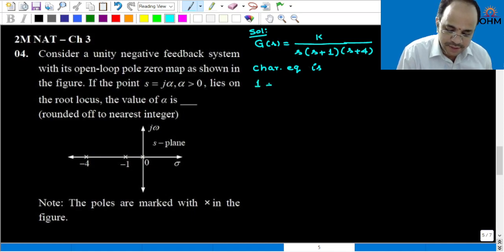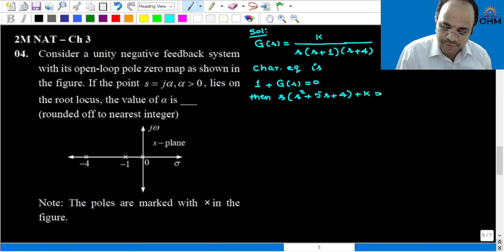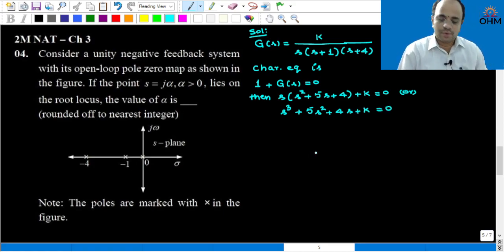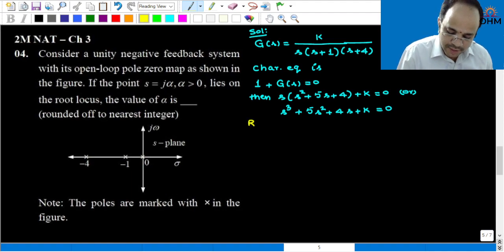Characteristic equation is 1 plus G of s is equal to 0, then it will be s into s square plus 5s plus 4 plus k is equal to 0, or s cube plus 5s square plus 4s plus k is equal to 0.